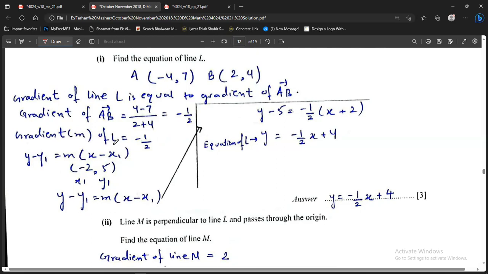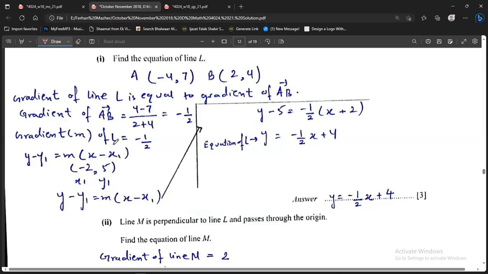Now, I want to find the equation of the line L, and I know it passes through the point (-2, 5). So I will use the formula y minus y1 equals m bracket x minus x1. So it will be y minus 5 equals -1/2, that's the m value, bracket x, and the x value is -2.